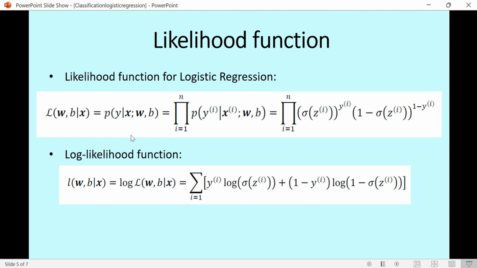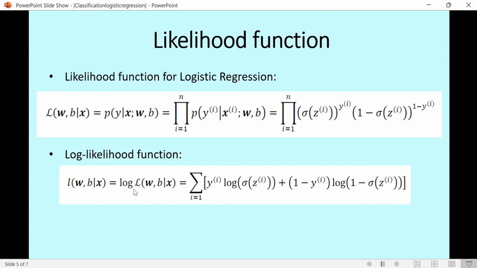If we use this likelihood function as a type of loss function, just with a negative sign, it's quite difficult to do optimization because of this scary product, right? So one approach is to take the logarithm of this function.